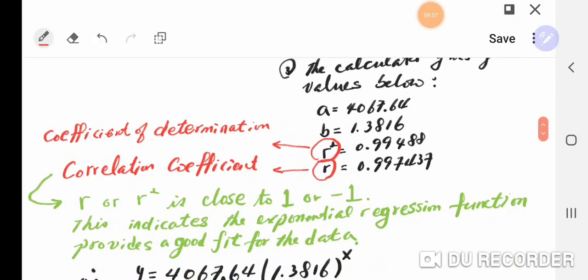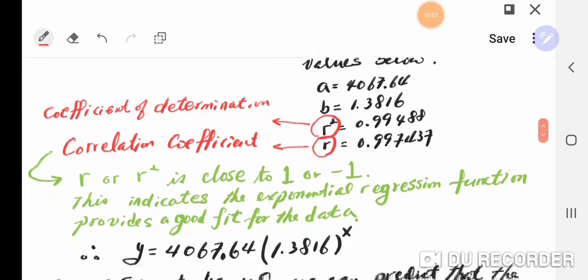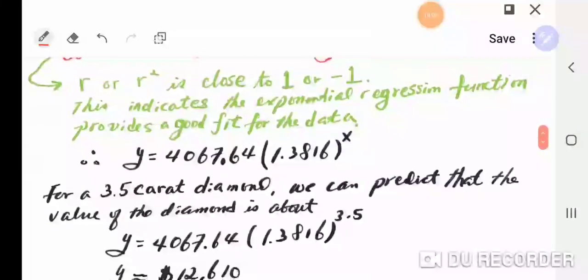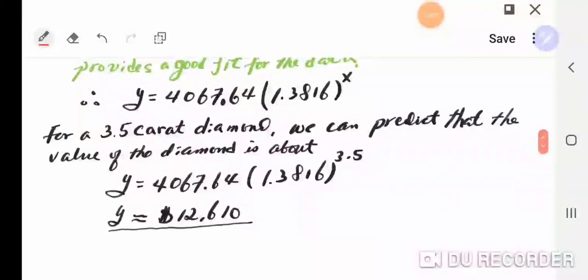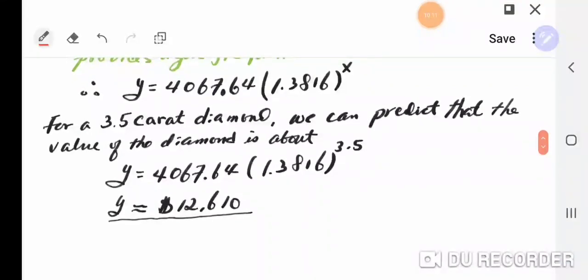If it's close to 1, that is good, and the data fits this exponential function really well. So using these a and b values, we have the exponential function. Then you can predict by giving some value of x.